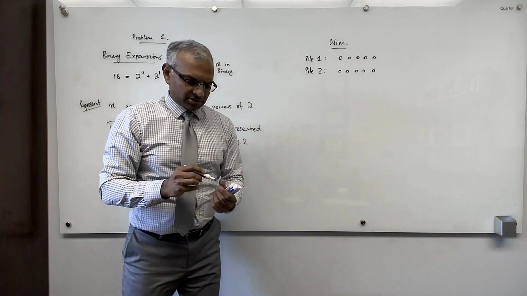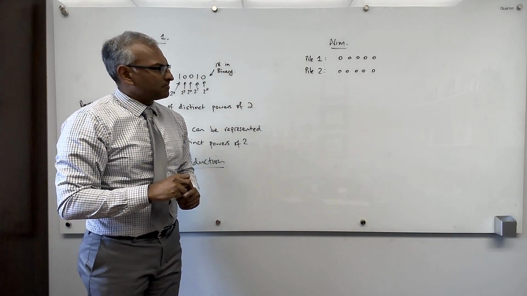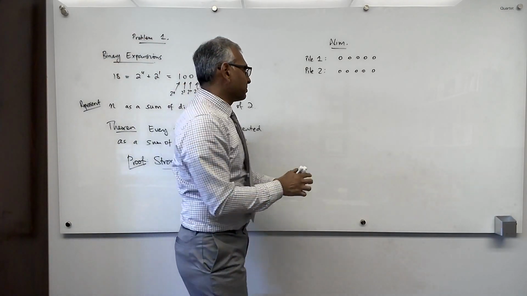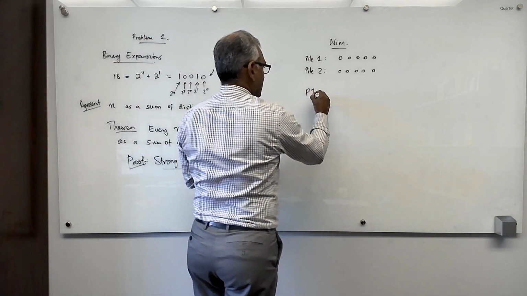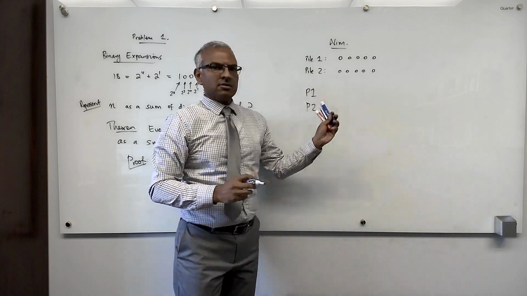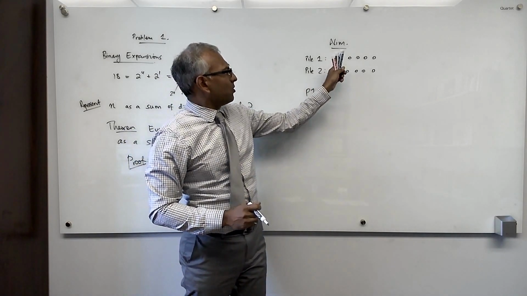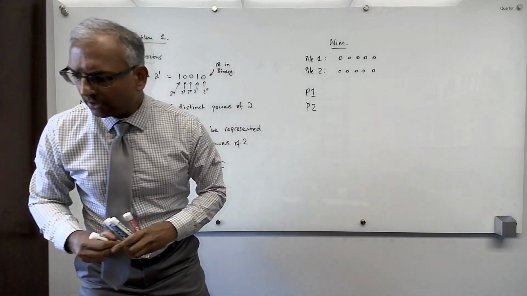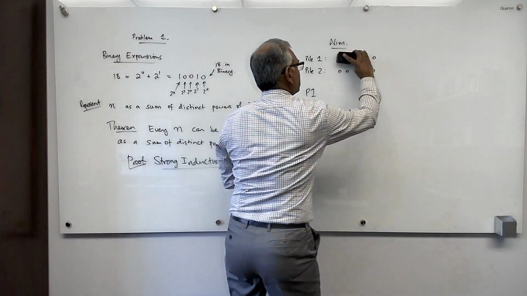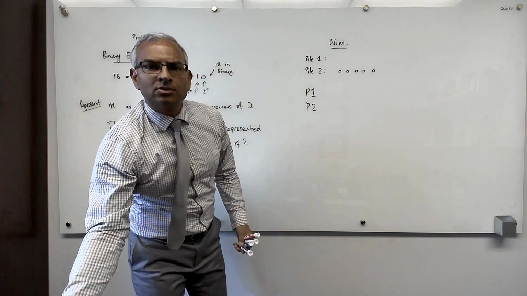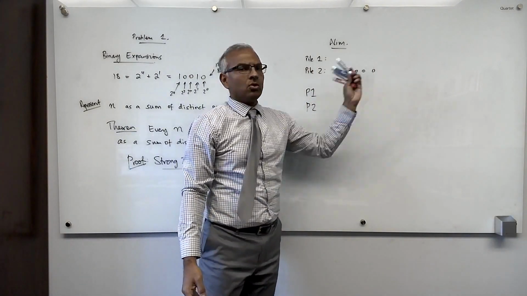So we're considering the case where the piles are equal. You have two players, player 1 and player 2, and you take turns picking a pile and taking any number of coins from that pile. If player 1 picks all the coins from pile 1, then player 1 immediately loses, because player 2 will pick all the coins from the other pile.